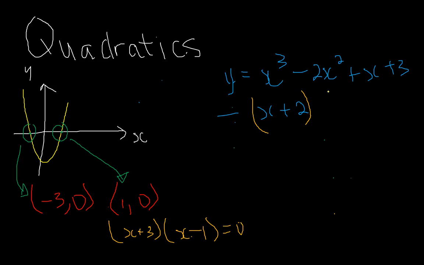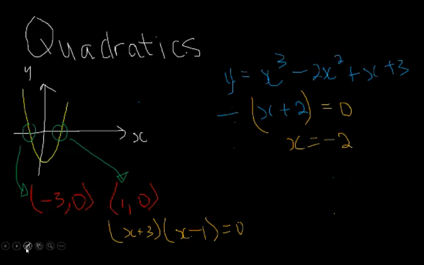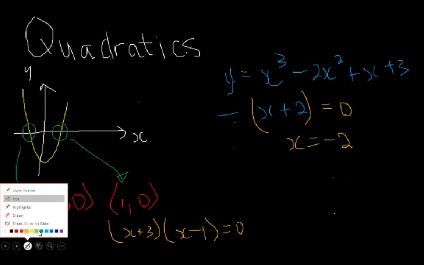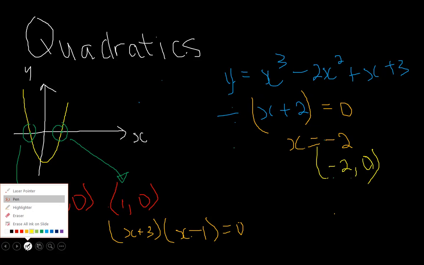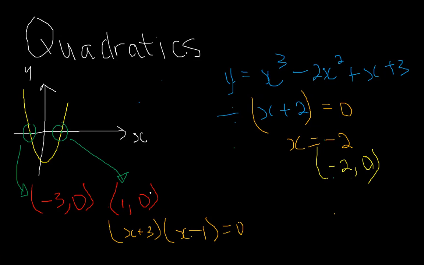Because I know for a fact that it's a factor, I would say that x is equal to minus 2. And if x is equal to minus 2, then my root, according to what we know from quadratics, is minus 2, 0. Everybody following so far? Yes, miss. Okay.